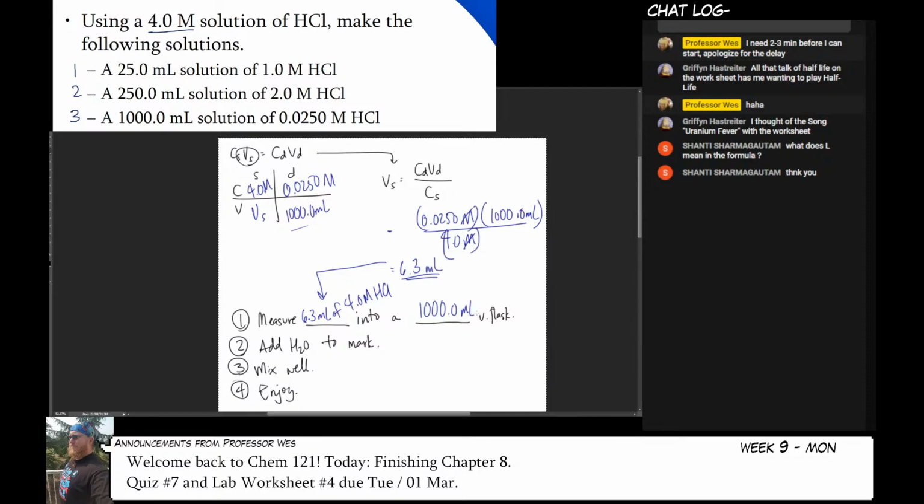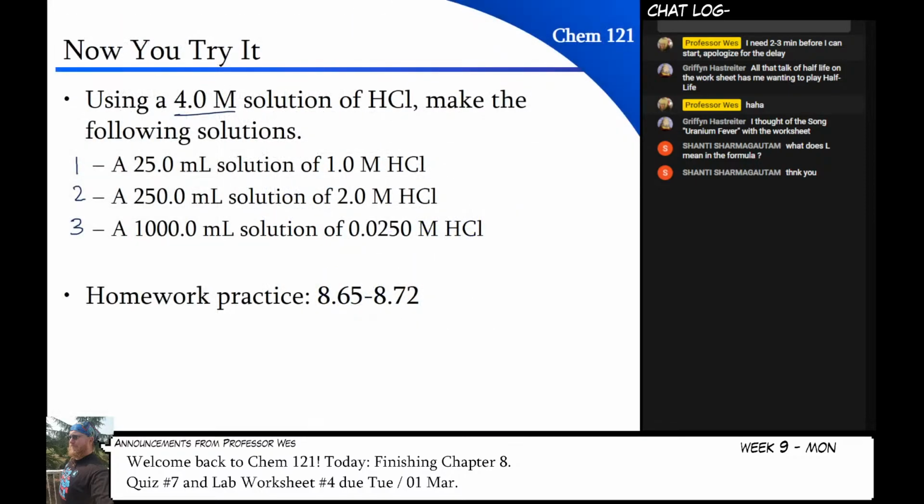And that will be our solution. And you are all set. So, when in doubt, follow this blueprint, the steps 1 through 4, to prepare your solutions. And that's all there is to dilutions.